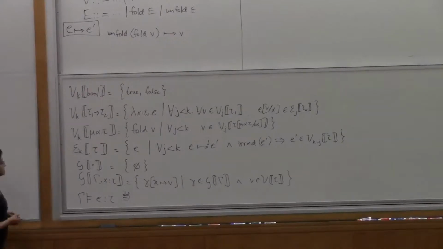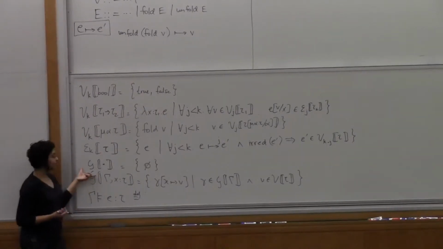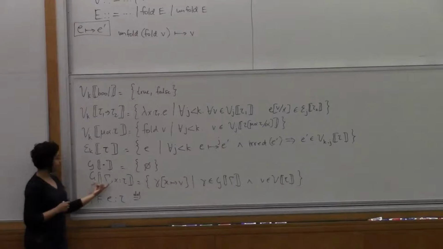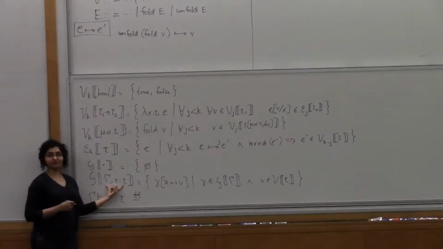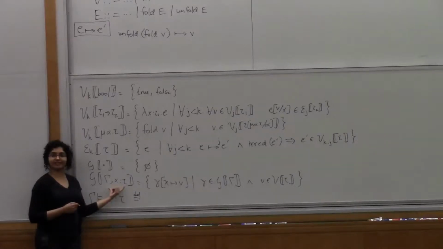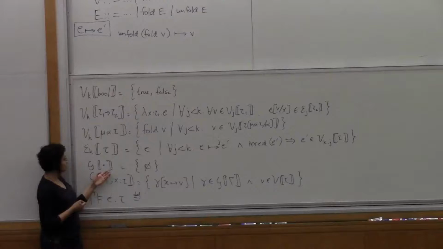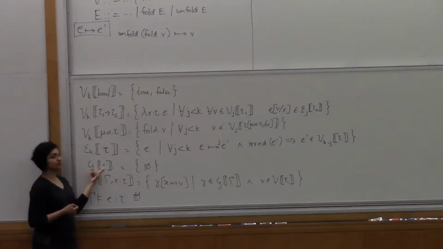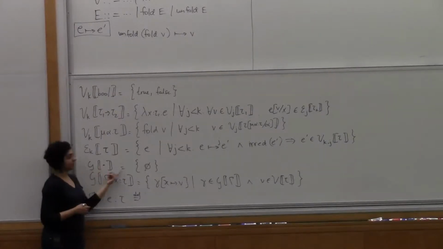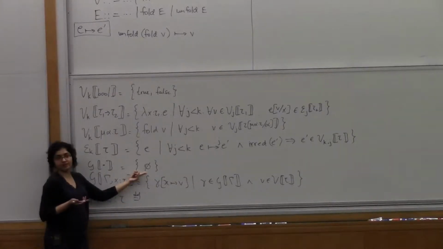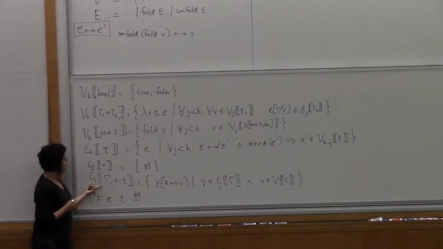Let's add some step indices here. I've written the definition of the G relation, the interpretation of environments, slightly differently today. I find this a little bit easier to parse quickly, so I hope you agree. So I've just split it up into, you define G for the empty environment, and then you define it inductively. So the interpretation of an empty environment is you just have an empty substitution, right?